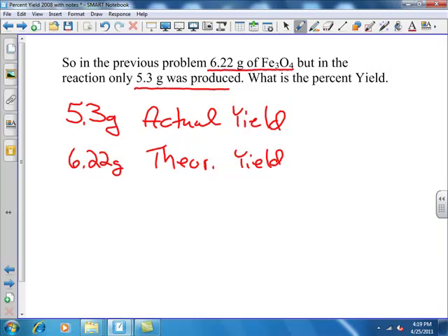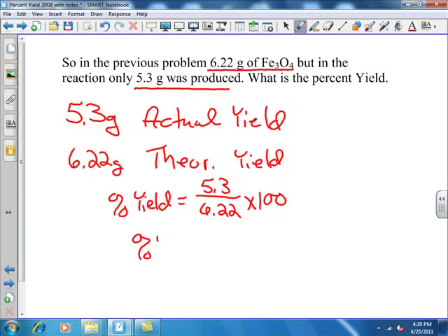So if I want to calculate what the percent yield would be, I would take 5.3 divided by 6.22 and then multiply that by 100. And if you do that, in this particular case, the percent yield is 85%. So I got 85% of what I should have got.